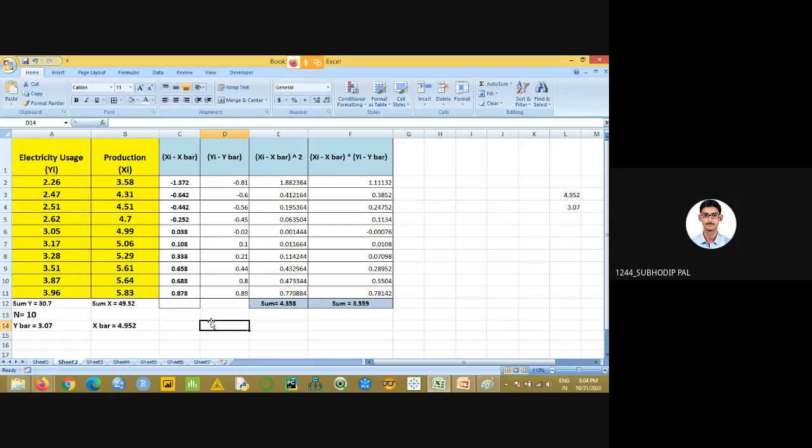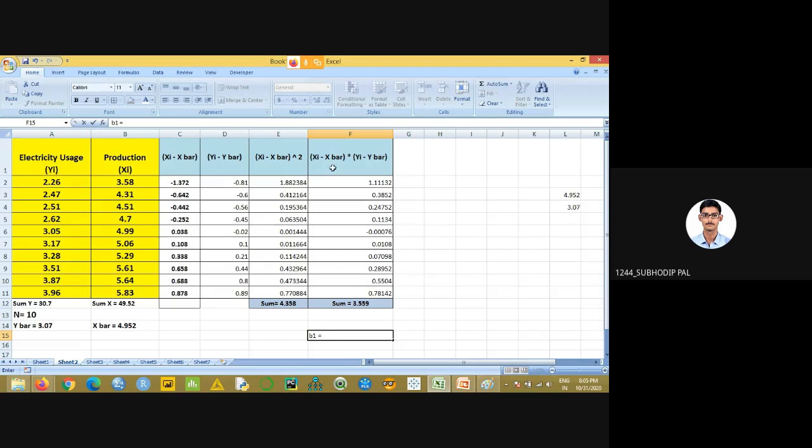Now what we have to do? First we have to find B1, right? Don't get confused. Calculate B1 first. Always remember, B1 first, then B0.